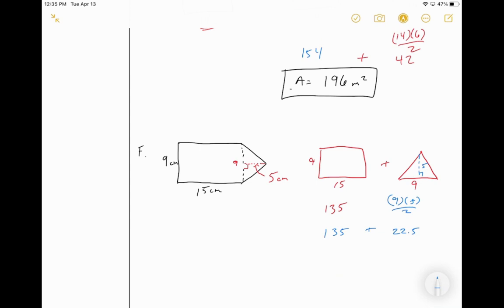So then we add those two together, and you get 157.5. If you made any mistakes, take a look and see what you did wrong. Maybe you forgot to divide by 2. Maybe you forgot to use 9 as the base of your triangle. Maybe something like that happened.